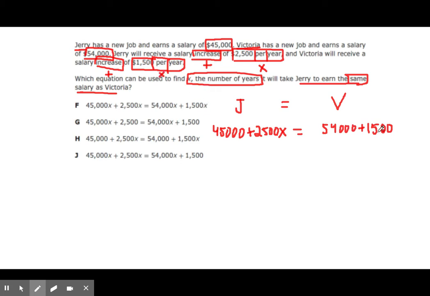So I need to take that 1,500 and multiply it by the number of years. All right, so here's our equation. For 45,000 plus 2,500 times X is equal to 54,000 plus 1,500 times X. And so if I look, the answer choice that matches our equation is H, or C.